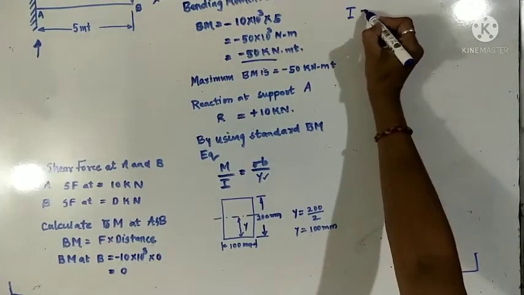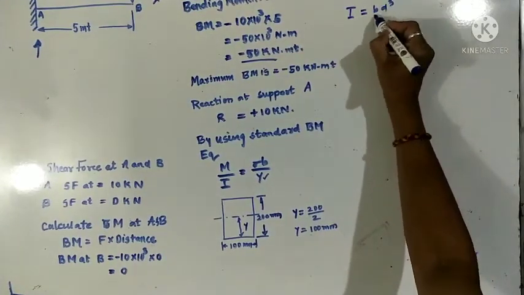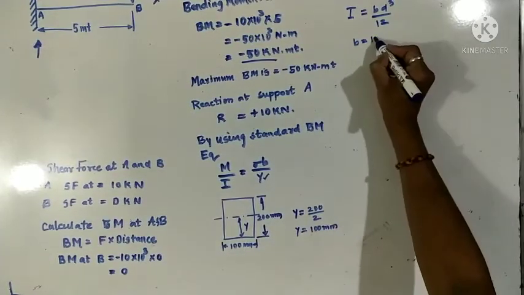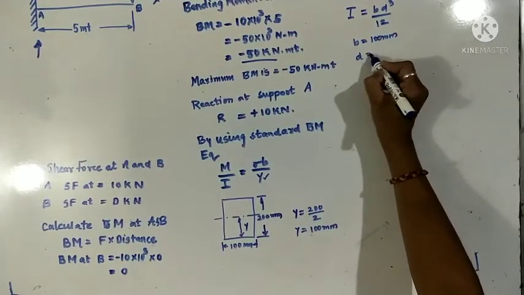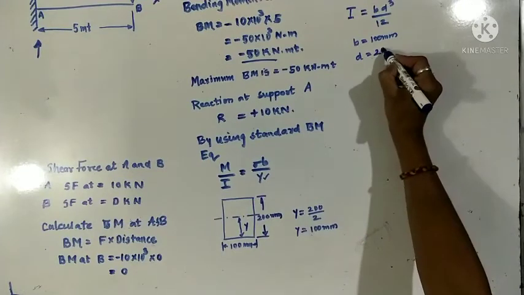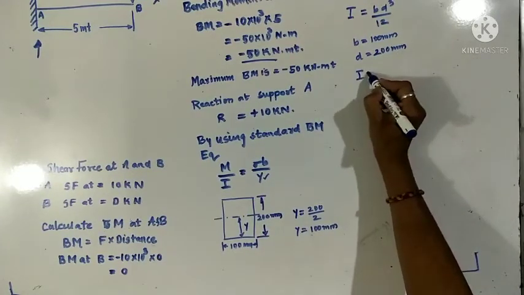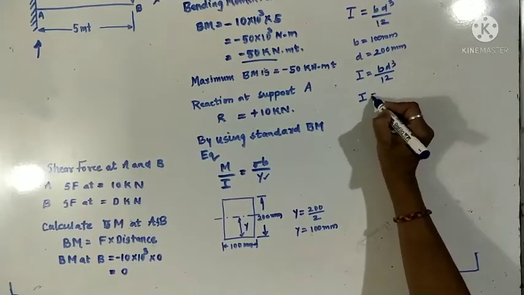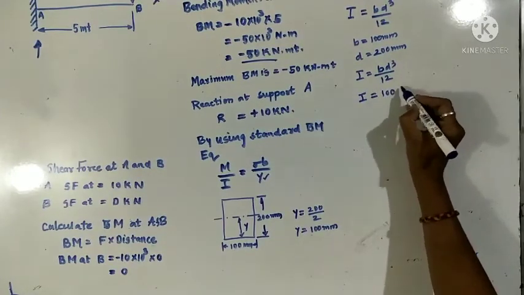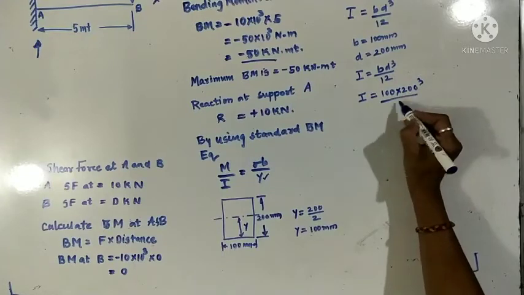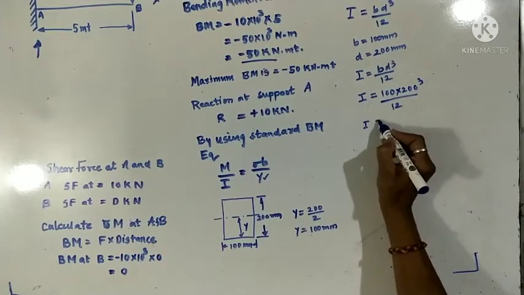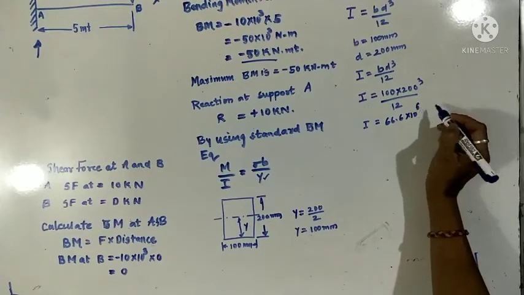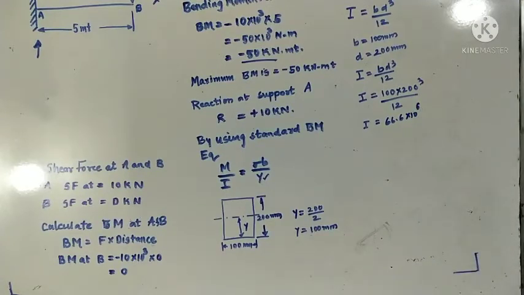The I is moment of inertia, which is BD cube by 12. Substitute the values. We will get answer 66.66 into 10 raised to 6 mm to the power 4.